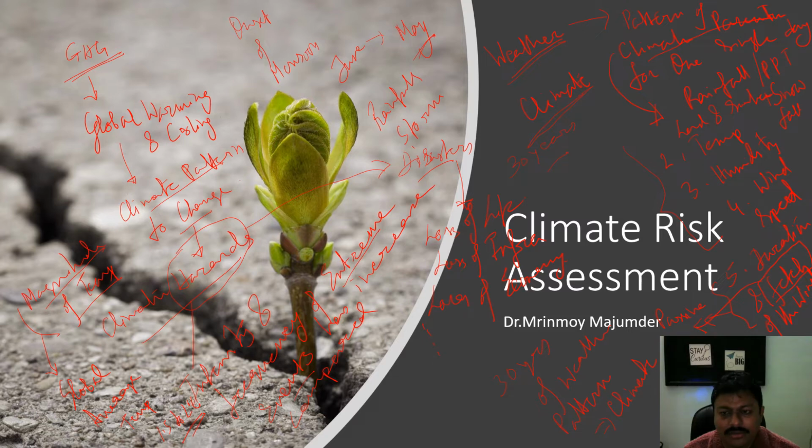Now, this climate risk assessment is a procedure by which we assess or analyze the risk due to the change in climate of a specific location. Suppose the average temperature of a location has increased by more than 2 degrees centigrade, then it can create various extreme events, which can result in natural disasters.